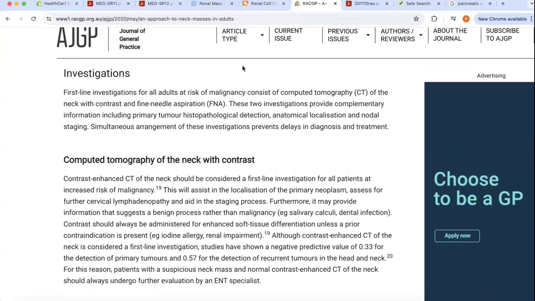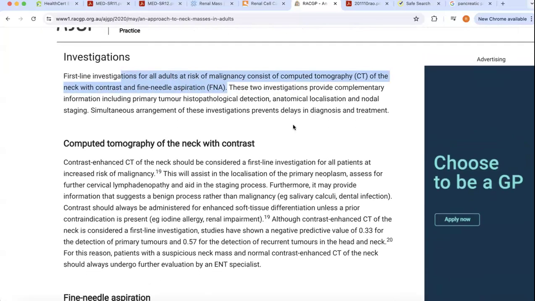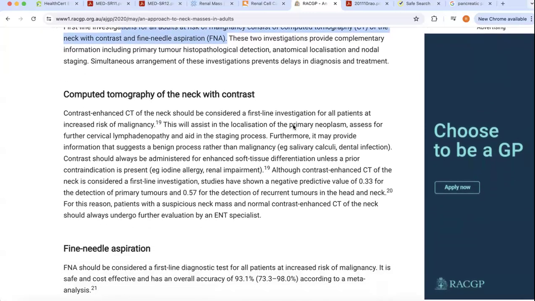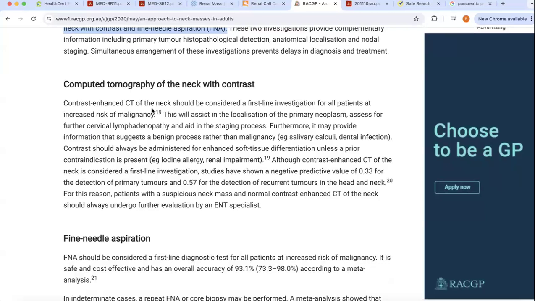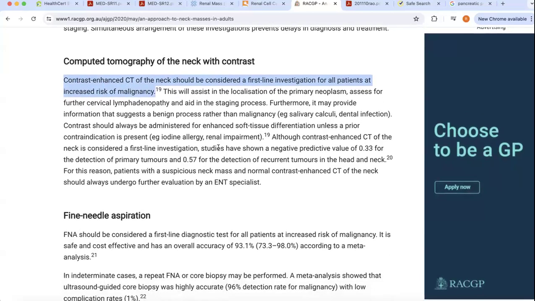So go through this initial thing, but always remember, if an adult patient comes to you with a neck lump and there are risk factors, your first line investigation should be a CT of the neck with contrast and an FNAC. These two investigations provide complementary information. According to the new guidelines, CT is the first line investigation for all patients at increased risk of malignancy.